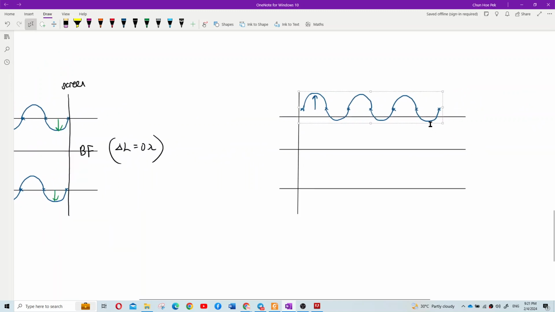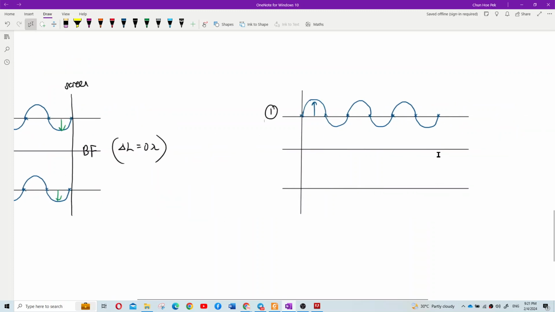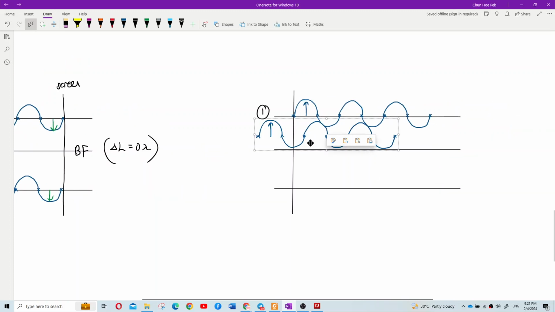So this is the first wave. Now the second wave, I move it a little bit. The second wave, I move it here, class. So this is the second wave.